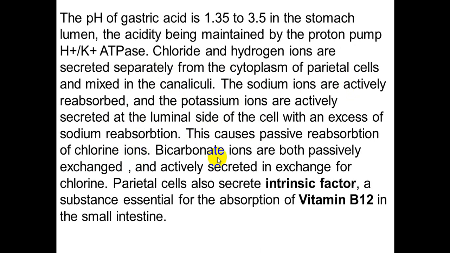Bicarbonate ions are passively exchanged to maintain ion balance and actively secreted in exchange for chloride. Parietal cells also secrete intrinsic factor, a substance essential for the absorption of vitamin B12 in the small intestine.